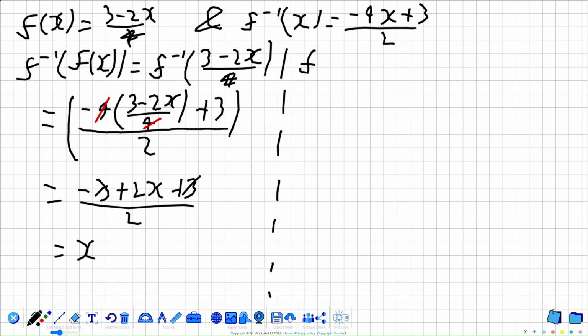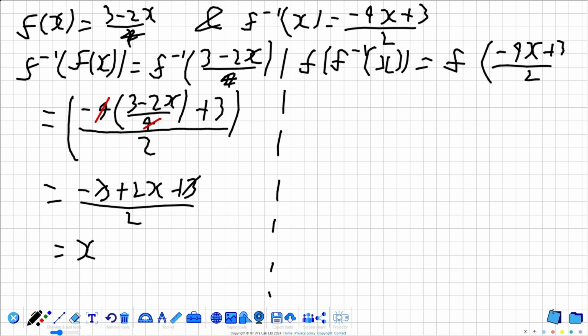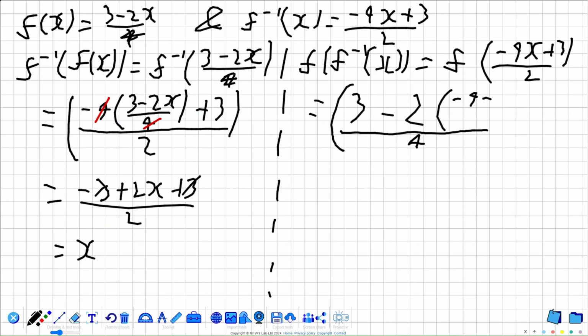And then we can try this one as well. f of f negative 1 x equals f of (negative 4x plus 3) over 2, which equals 3 minus 2 times (negative 4x plus 3) over 2, all over 4.